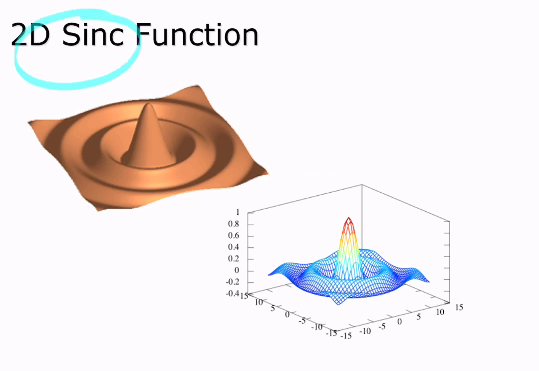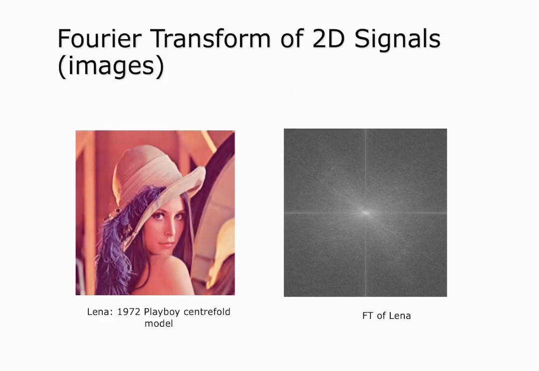So the Sinc function is something you'll come across a lot. We will be looking at the Sinc function in 1 dimension quite a lot. Whenever you see examples like this, it's really just for your information. You can happily just ignore this. Same here. If you're not interested, you can ignore this.